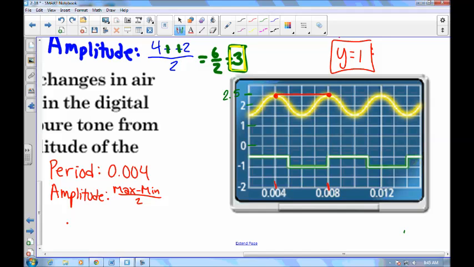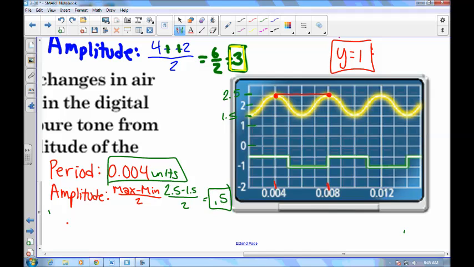And then the minimum would be 1.5. So the spread between them, or the difference, 2.5 minus 1.5, is how much? 1. And then we divide by 2, which means 0.5, or 1/2 is, in units, is the amplitude, which means it's a half unit tall for the mountains and a half unit deep for the valleys.